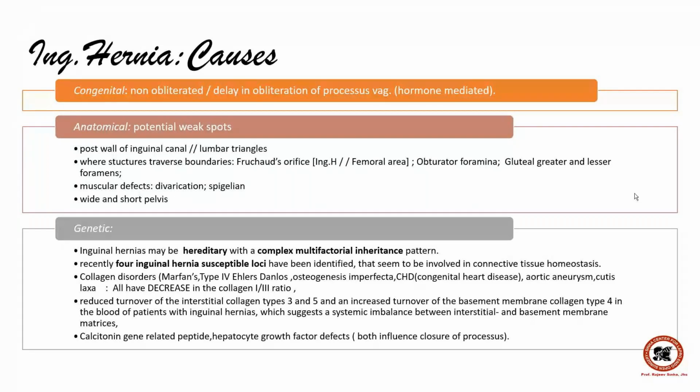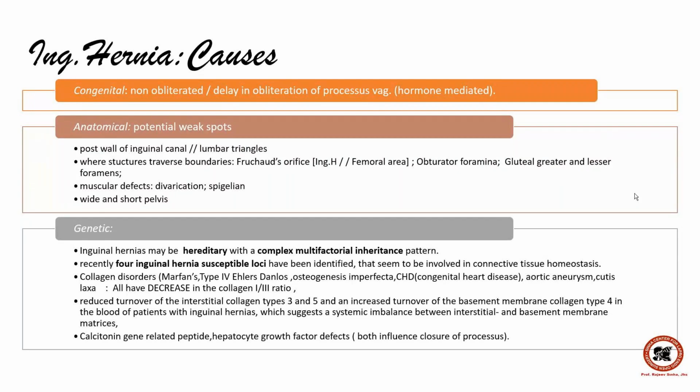So that is an important reason, the anatomical potentially weak spot, which is further augmented by the standing posture. Then there could be genetic reasons, which we have discussed when we were talking about the common principles of hernia. There also we had referred to inguinal hernias. So we're looking at hereditary with a complex multifactorial inheritance pattern in inguinal hernia, and there has been recent identification of almost 4 susceptible loci which are related directly or indirectly to the genesis of inguinal hernias, right?